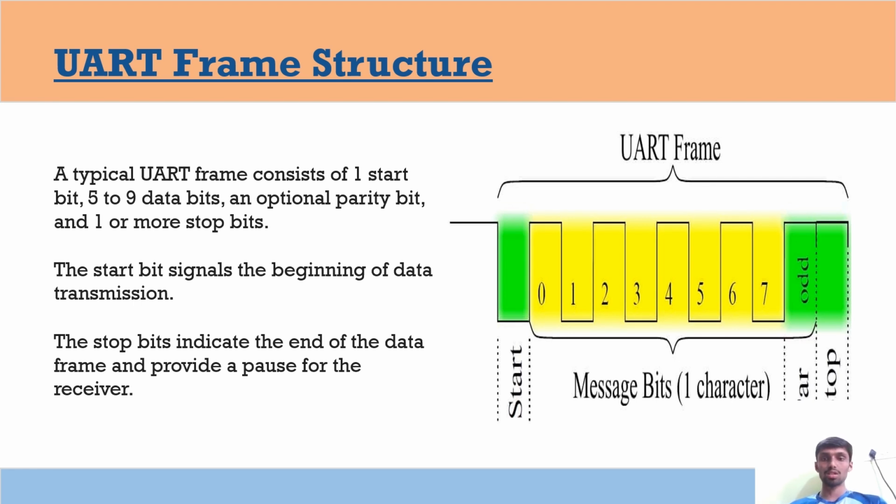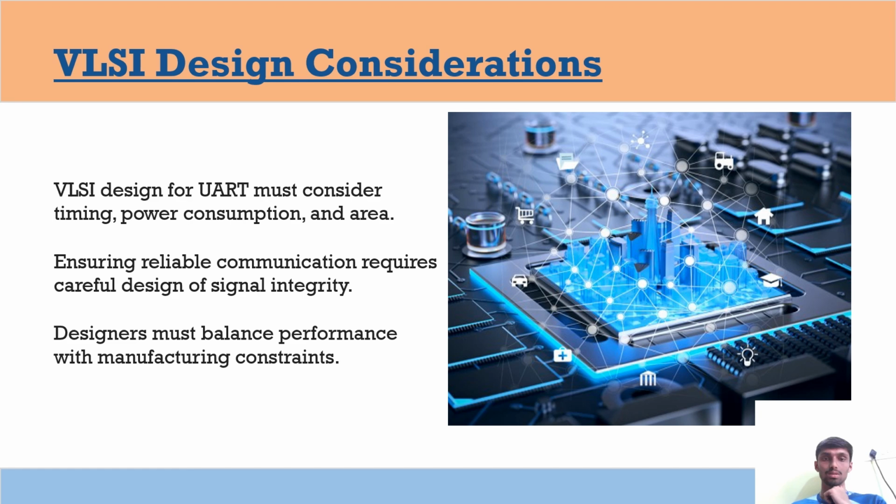This is the simple structure of the UART frame: the first one is the start bit, then 5 to 9 bits are data or message bits, and the last one is the stop bit.